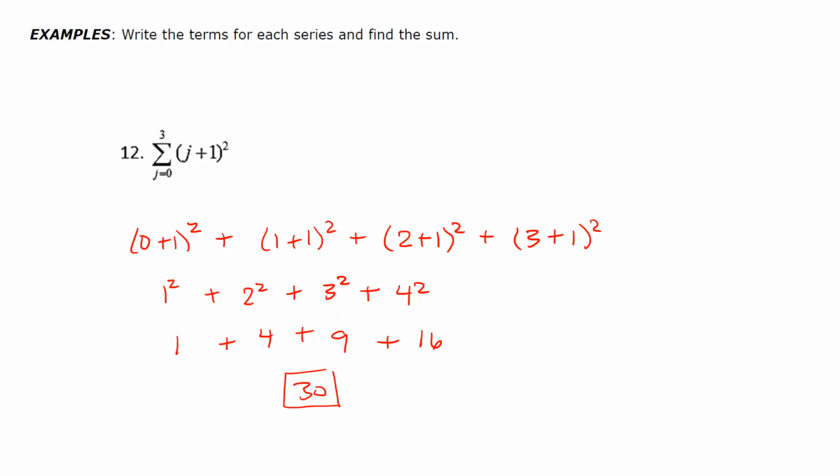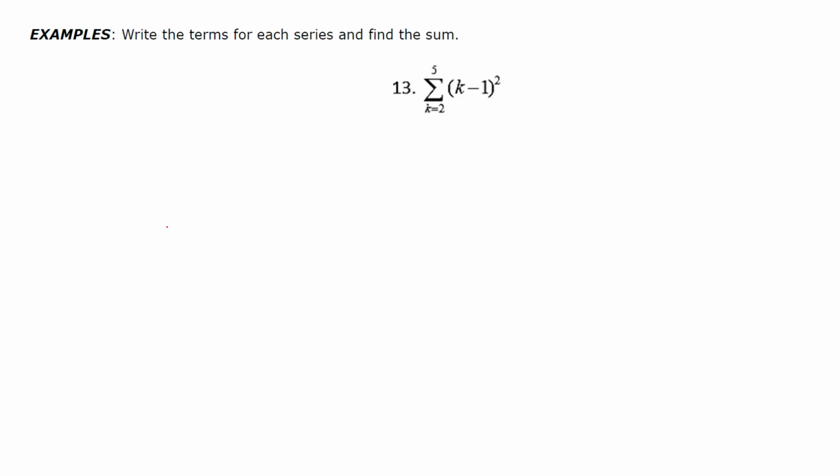Interesting. Let's do 13. So our expression here is k minus 1, that quantity squared. We're starting for this one at the second term, and we're going to go all the way up to 5. So we'll have 2 minus 1 squared plus 3 minus 1 squared plus 4 minus 1 squared plus 5 minus 1 squared.